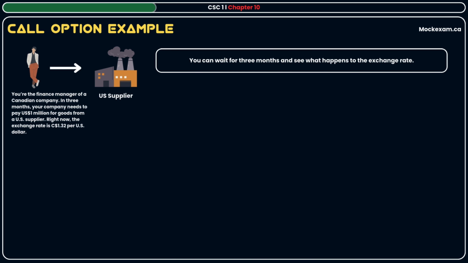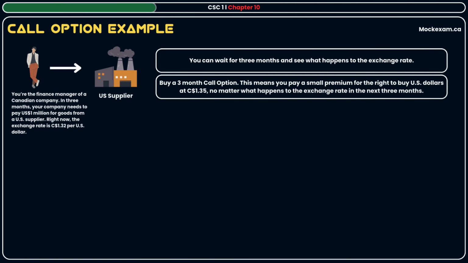Taking a risk and waiting for those 3 months is not what a seasoned finance manager does. They go for option number 2, which is buying a 3-month call option. What does this mean?